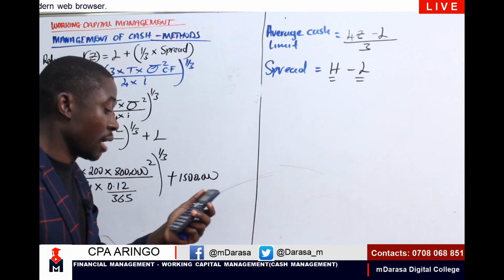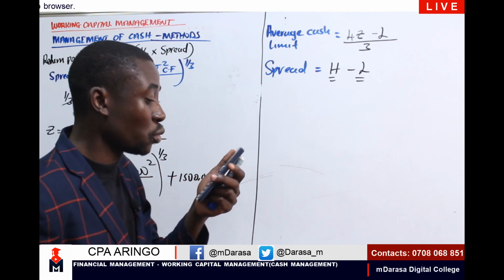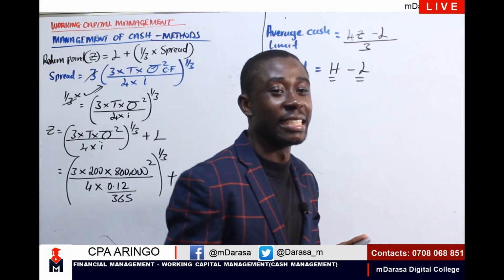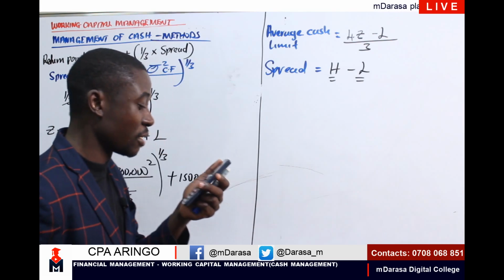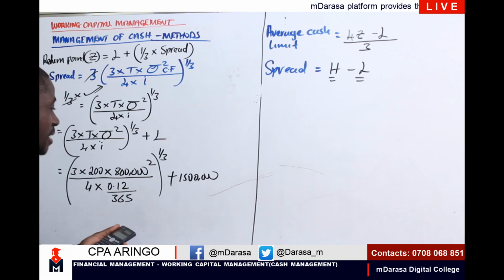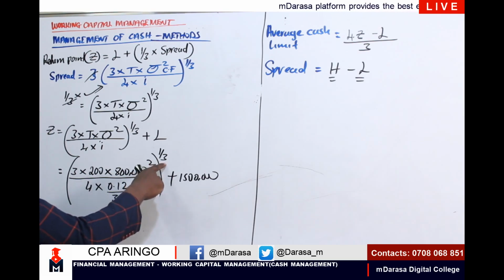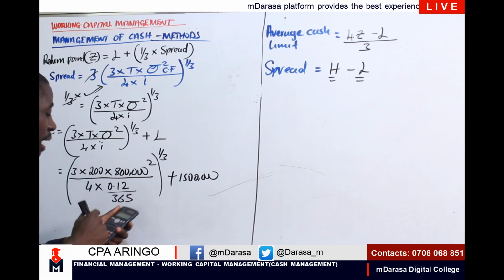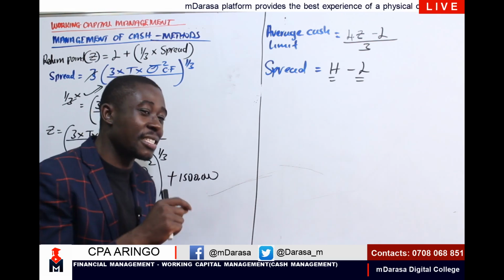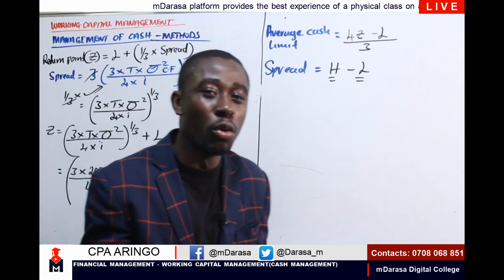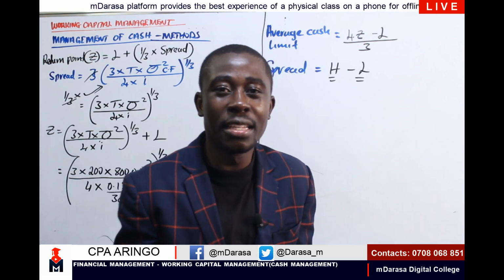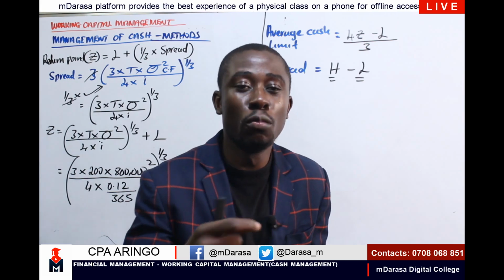So in that case, I'll be having my figure 2.92 raised to power 17. 10 raised to power 2.92 raised to power 17, right? So in that case, I need to raise my answer to a third. Remember, this third is just the same as a cube root.